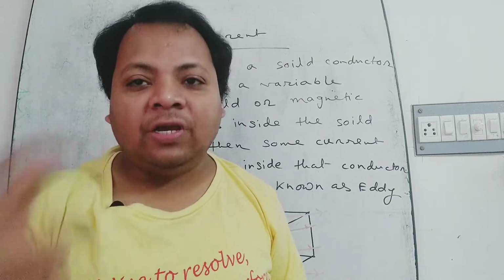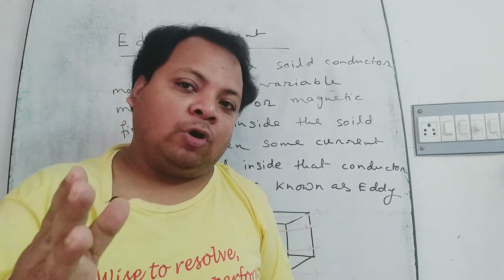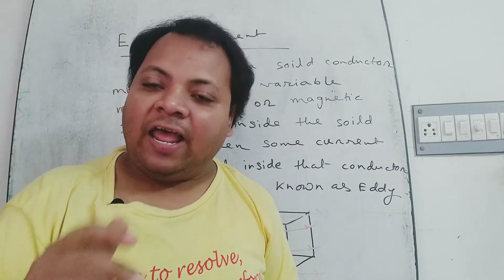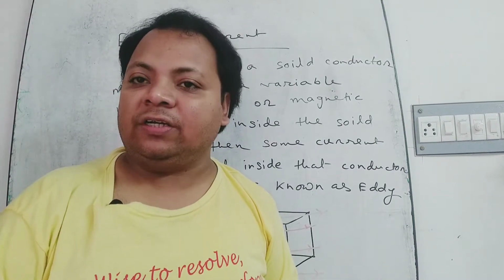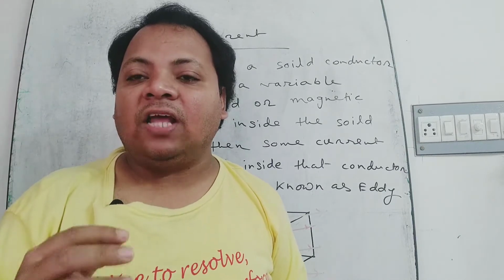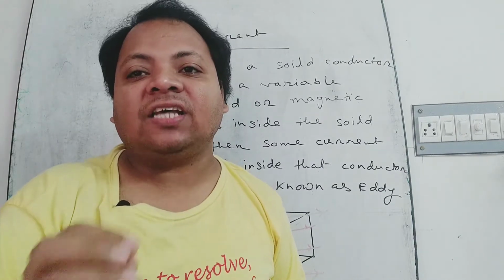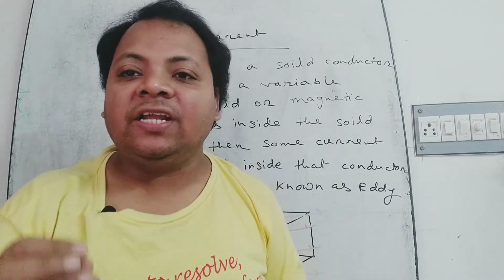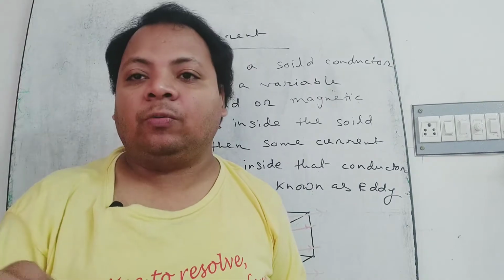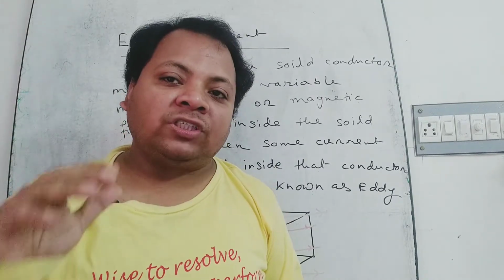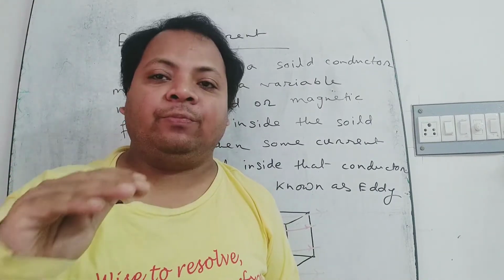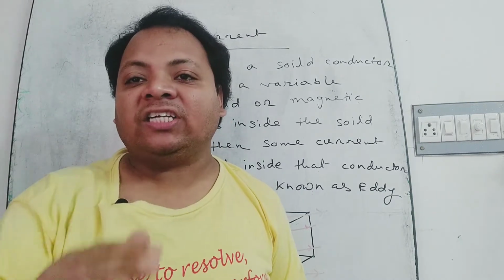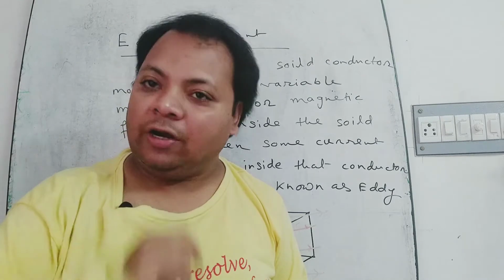Why? Because copper is a good conductor of electricity and aluminum is also a good conductor of electricity. That's why the production of heat inside a copper or aluminum body is very negligible. Therefore, we use steel pots to cook on the induction furnace or induction cooker.